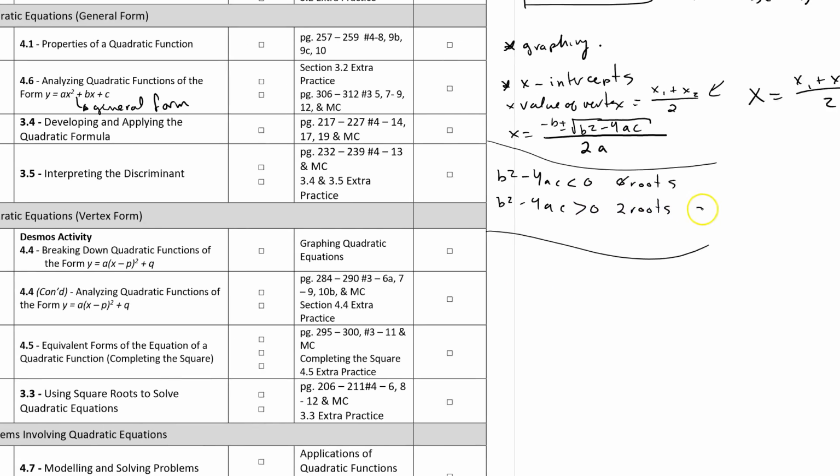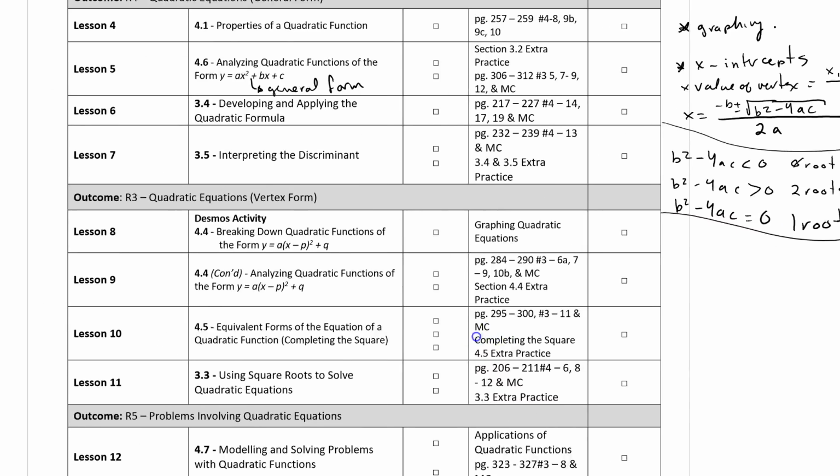And remember with this one, if it's a perfect square, then it's factorable. And when b squared minus 4ac equals 0, that means there is simply one root, or one solution. And that translates to no x-intercepts, 2 x-intercepts, and 1 x-intercept.